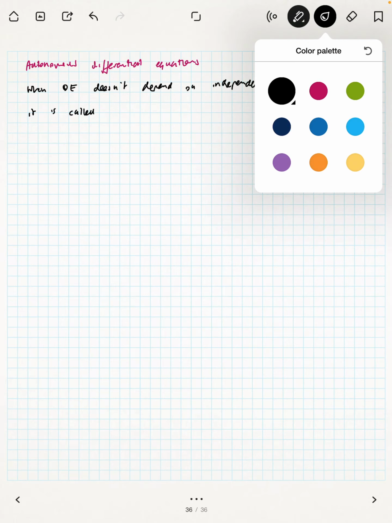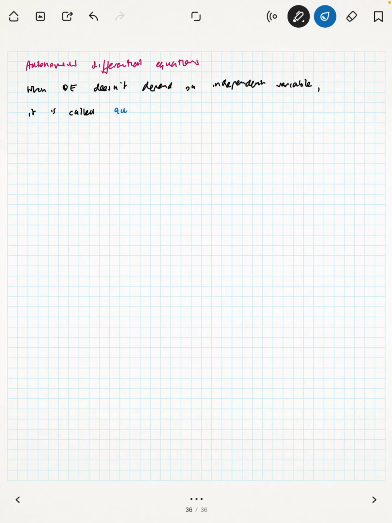When a DE doesn't depend on the independent variable, which can be x, it can be t, whichever it happens to be, it's called autonomous.